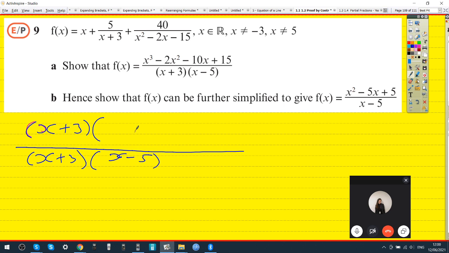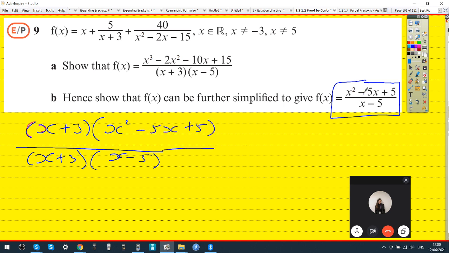What would the second bracket have to be on the top? Oh, it would just be x squared minus 5x plus 5. Yeah, because they gave us that so we could see it. And then the x plus 3 cancel out. Hey, that's good.